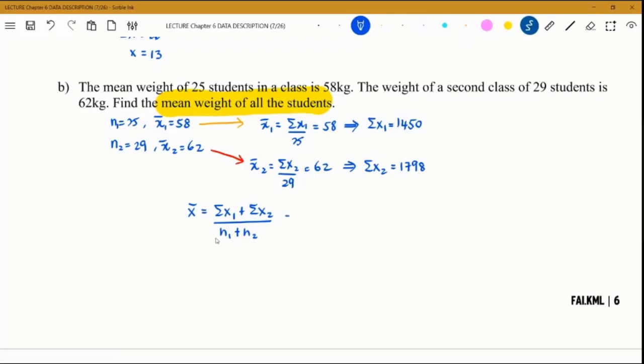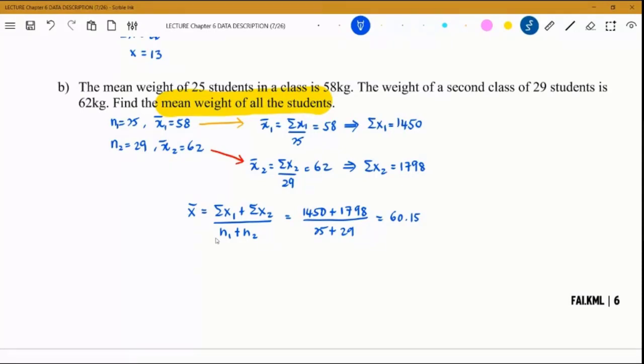So we have 154050 plus 1798 divided by your N1, which is 25, your N2, which is 29. So what do we get? 60.15. Good. Okay. So that's how we solve for the mean, median, and mode.